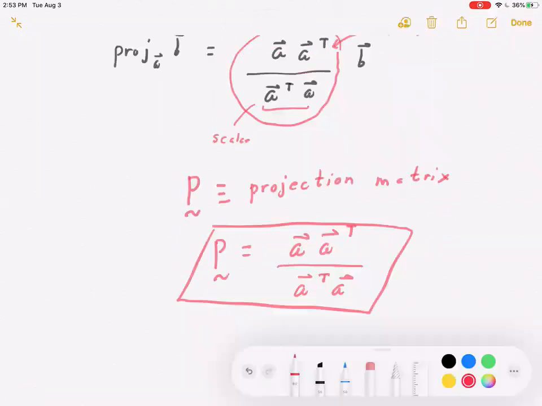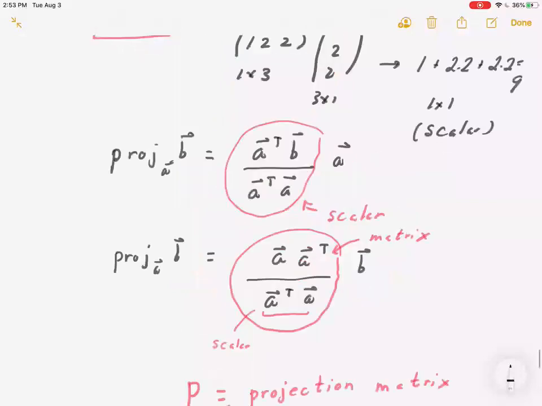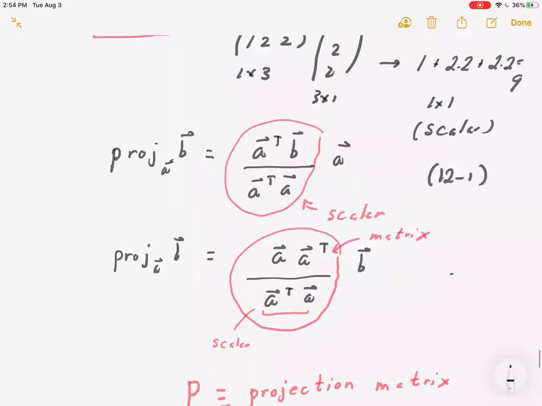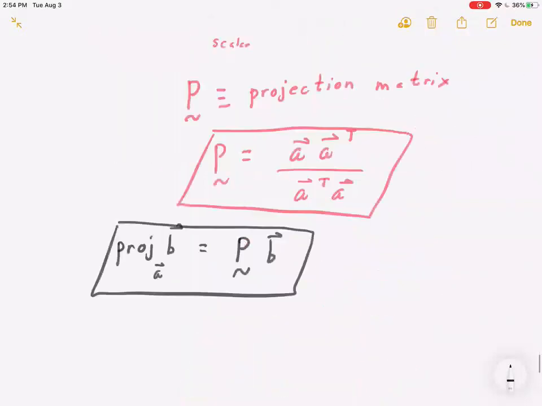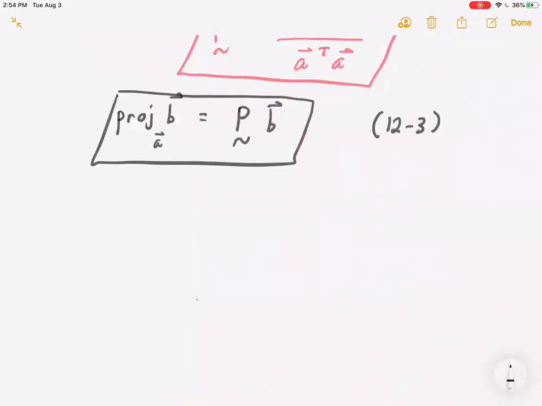So I have a third way of defining the projection of my point B onto my line A. I can write it as the projection matrix P times the vector B. So 12.1, 12.2, and 12.3 all are equivalent ways to answer the question, if you give me a line and a point B, what is the projection of B onto that line A?